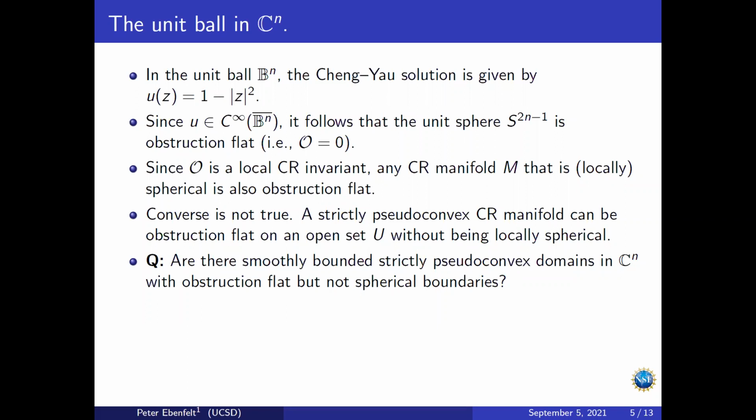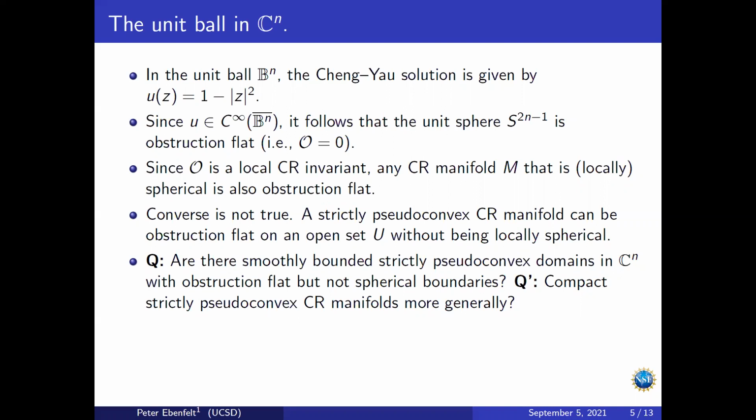That would mean that you have a bounded strictly pseudoconvex domain for which the Chen-Yao solution is C infinity up to the boundary. So we think the answer to this is no. Now, slightly more relevant to the new results I want to talk about today is question Q prime, which is more general.